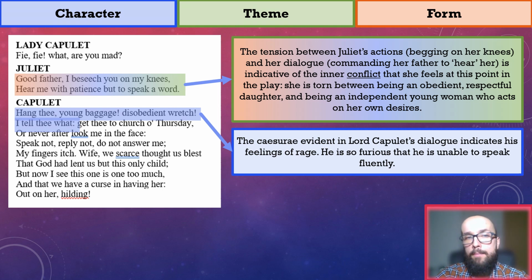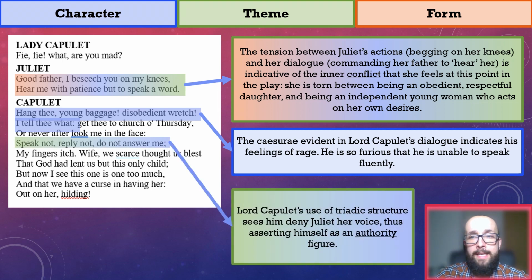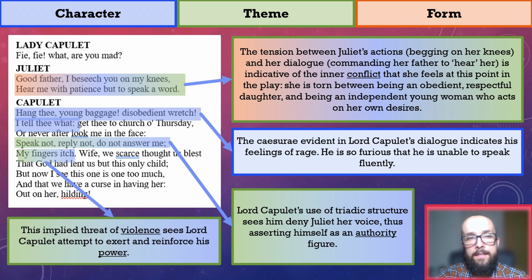Moreover, Lord Capulet's use of triadic structure in "speak not, reply not, do not answer me" sees him deny Juliet her voice, thus asserting himself as the ultimate authority figure in the relationship dynamic they share. Last, the implied threat of violence made when Lord Capulet comments, "my fingers itch," which sees him allude to slapping or beating someone, sees him exert and reinforce his power and authority through a physical act.